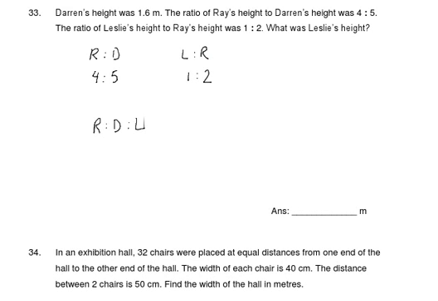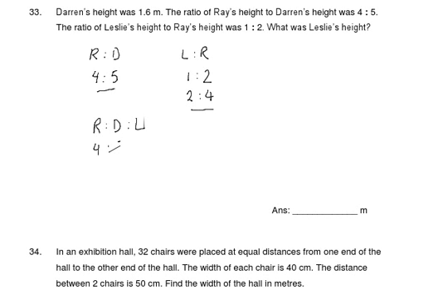Ernest? 4. So I get 2:4. So I can rewrite all this ratio nicely. So Ray is 4. Darren is 5. Okay, Darren is 5. And Leslie is 2.